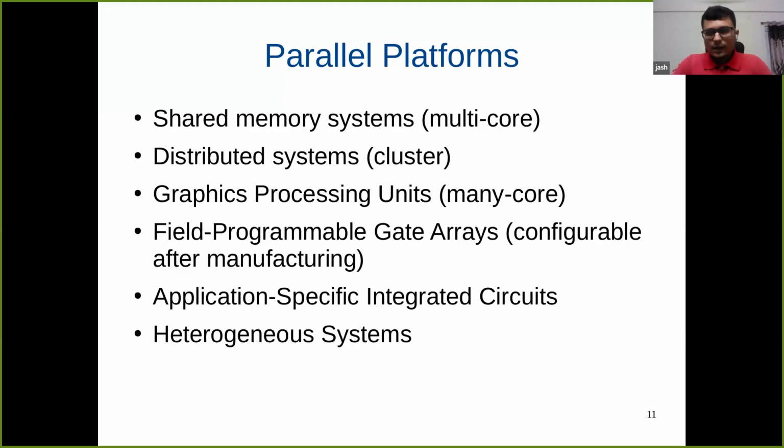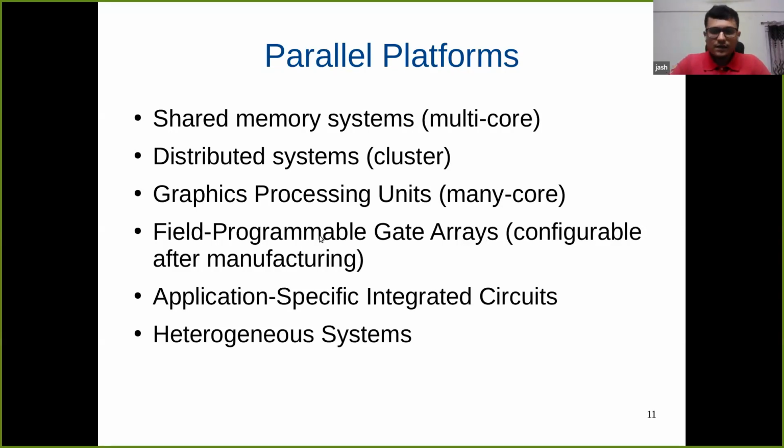And if you put all this together, then we'll have a heterogeneous system. A heterogeneous system is like a distributed system, but each node in that distributed system might be a shared memory system, which is a multi-core system, or a GPU, or an FPGA, or an ASIC, and so on. It can be something else also based on your requirement.